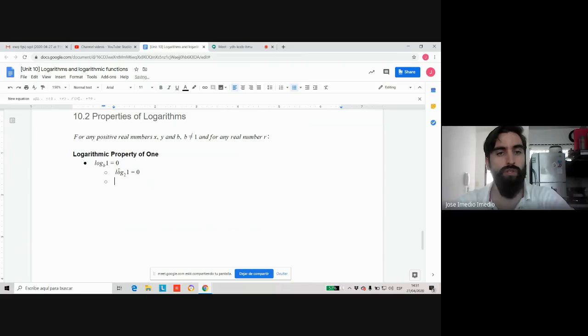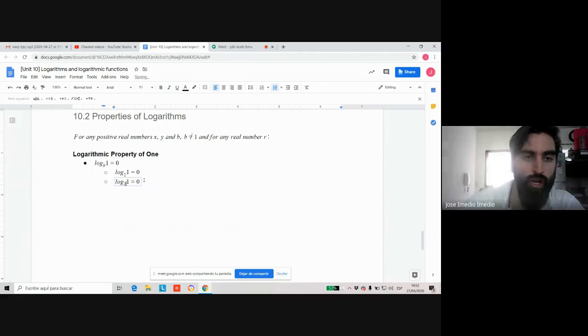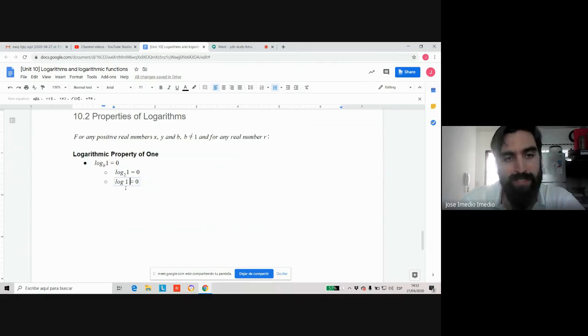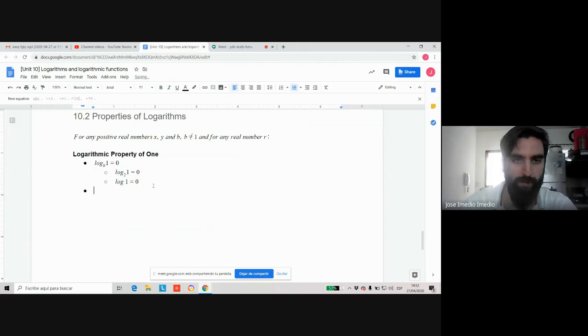Right? Same thing if I use common logarithms. Logarithm base 10 of 1. Which is the exponent I need to put on the 10 in order to get a 1? 0. Same thing. That's the logarithmic property of 1.